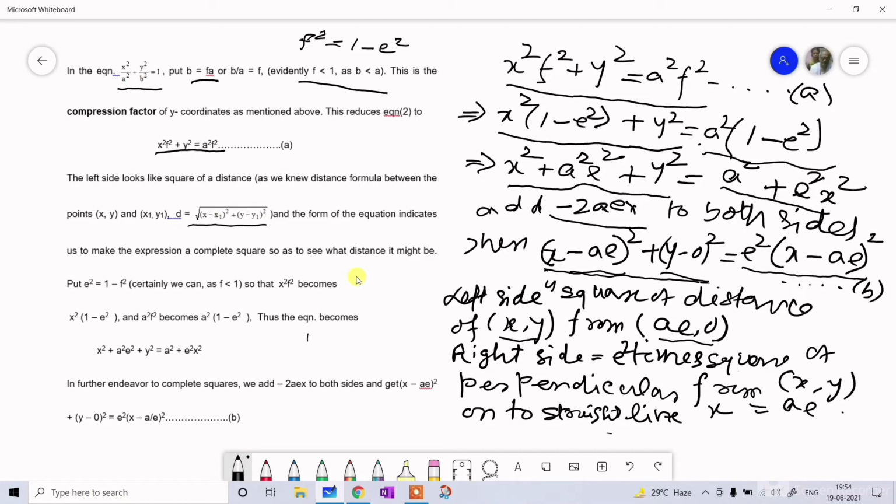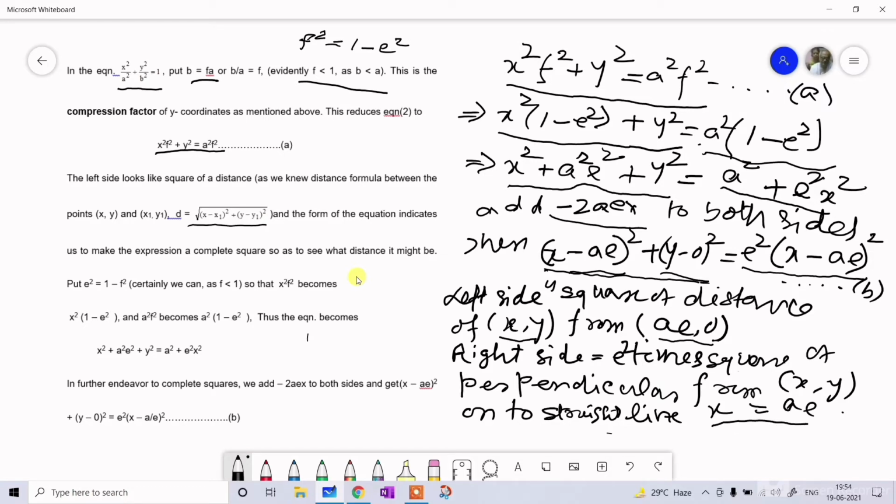This is the square of the distance of the point (x, y) from the straight line x equals ae, that means the perpendicular distance to the straight line x equals ae.